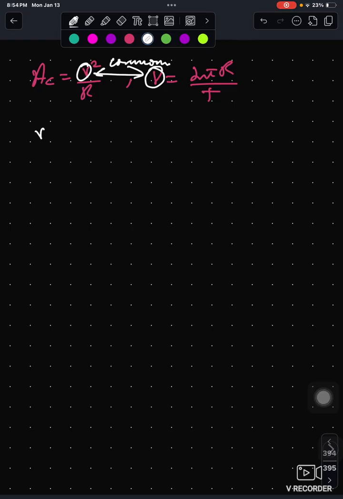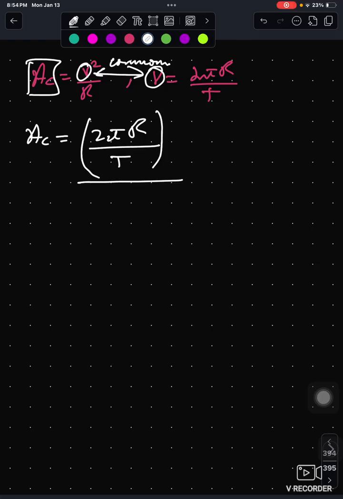So we can expand this equation again to get 2 pi r over T, squared, over r.